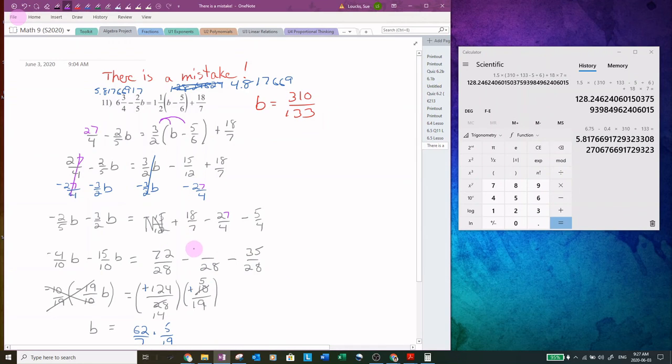So this needs to be 189. Okay, and then this 124 is wrong because I got that by adding these numbers. So now I've got 72 minus 189 minus 35 is minus 152.